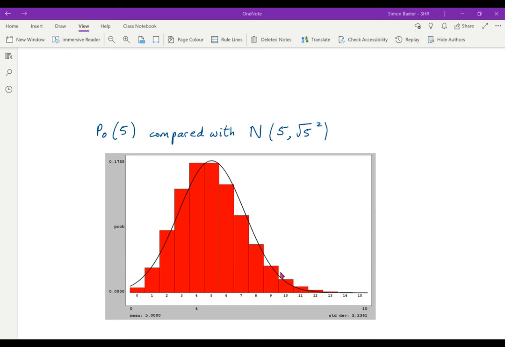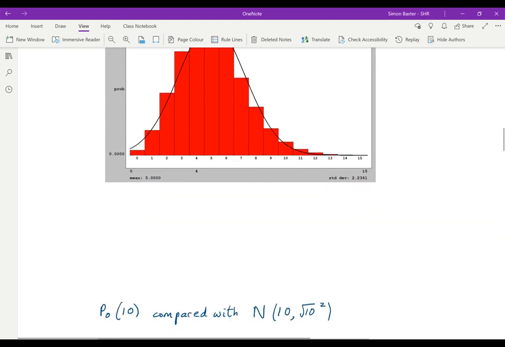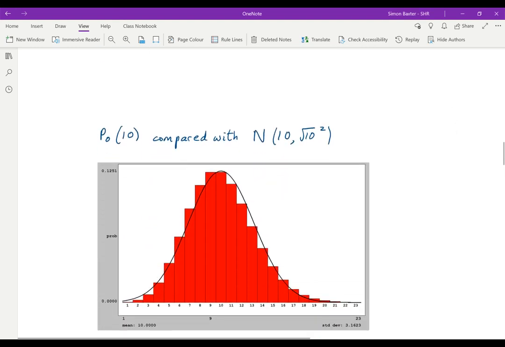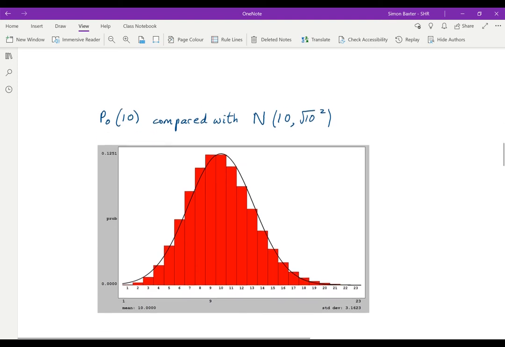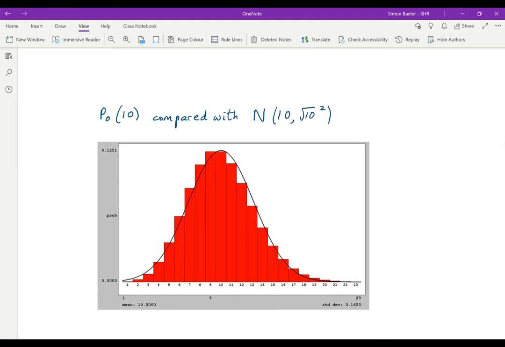There's quite a tail up this end. So better, but still not something that I would like to use. Move on. If we take a Poisson distribution with mean 10 and the corresponding normal distribution, we are getting much better. There's still a slight tail up here compared with the other end, but the agreement is better in the middle.